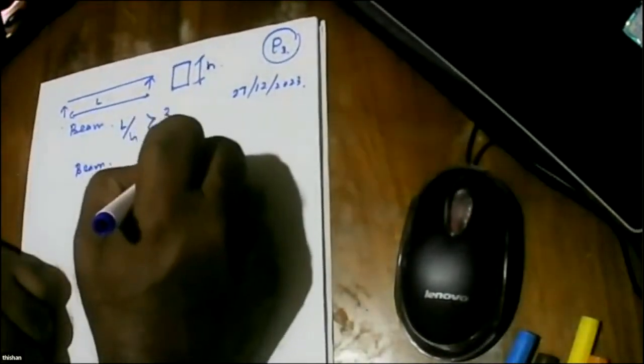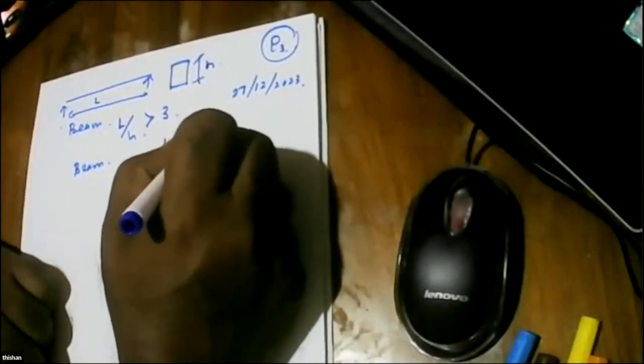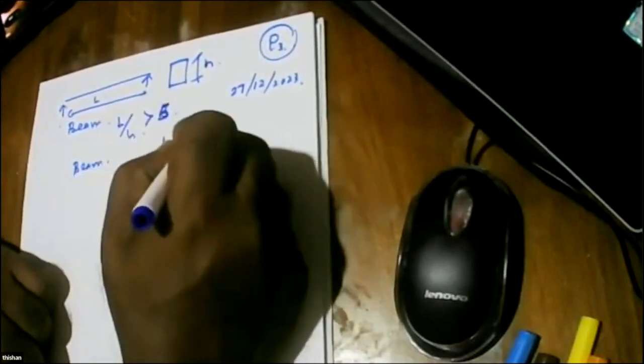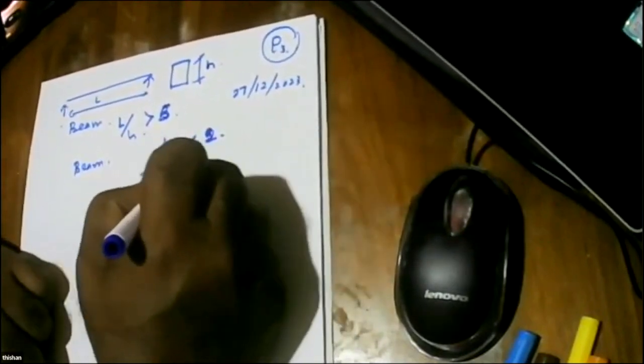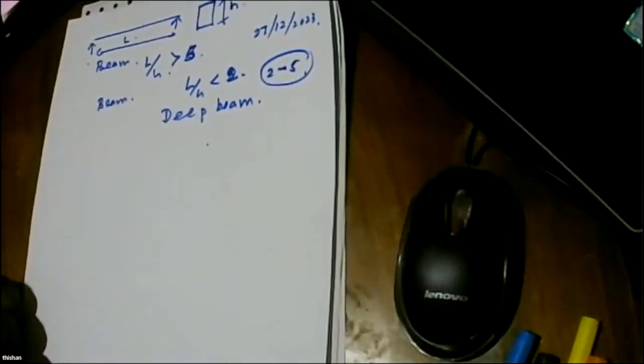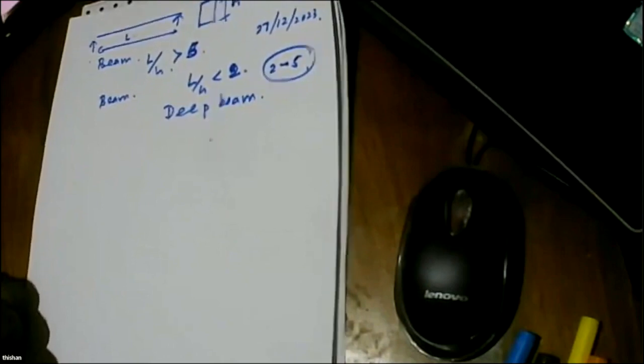Some people say 2 as well, or greater than 5, we say it's a beam. Less than 2, we call it a deep beam. Between 2 and 5, you have to use your discretion. If it is greater than 5, definitely it's a beam. L over H less than 2, it's a deep beam. Between 2 and 5, use your discretion.